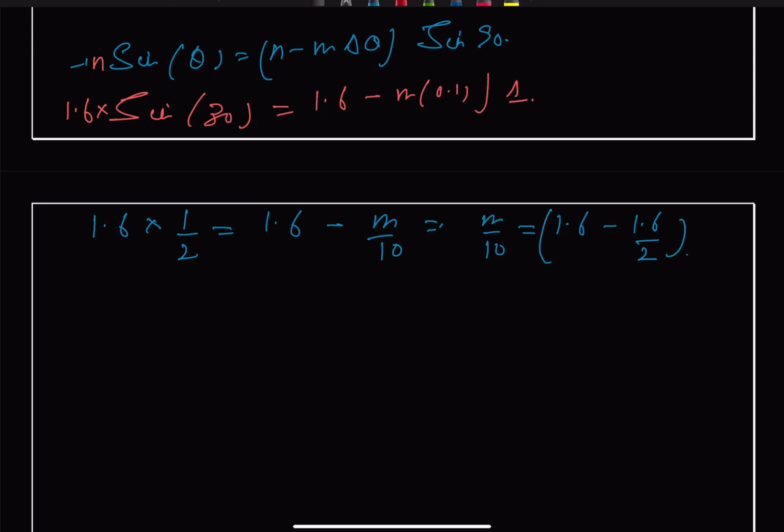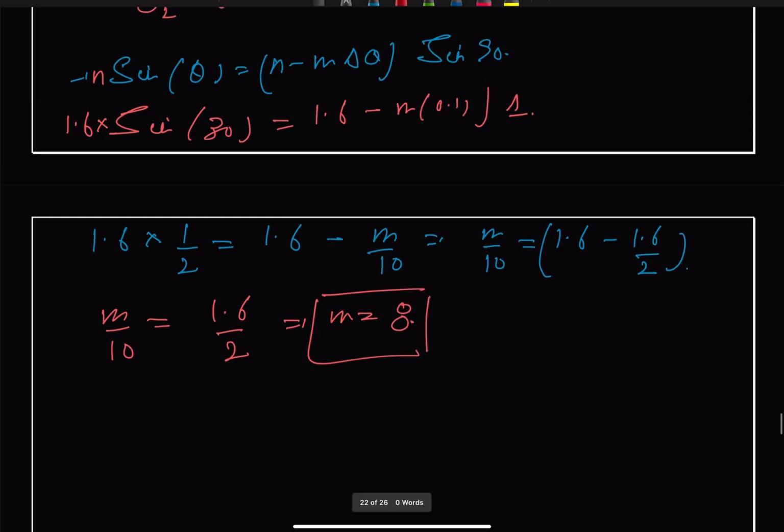Okay. So we get m by 10 is equal to 16 by 2, which gives m is equal to 8. Okay. So this is the value of m which we are supposed to find out.